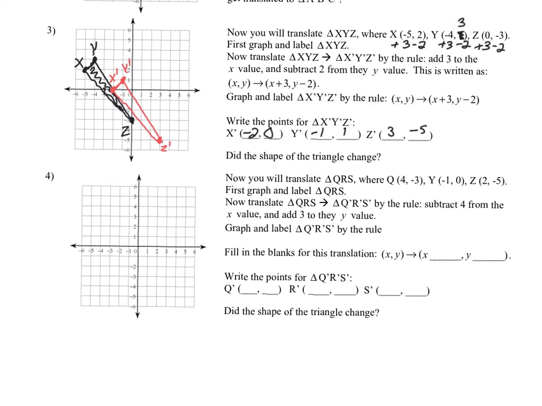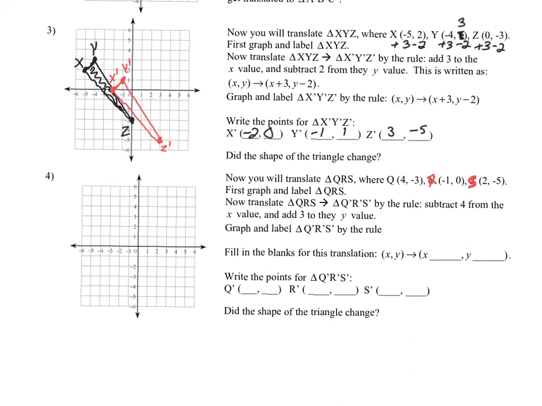What I would like you to do after you finish taking all of these notes is to try the same thing that we just did with QRS. It should say RS here. That should be an R, and that should be an S. They changed up the letters on us.